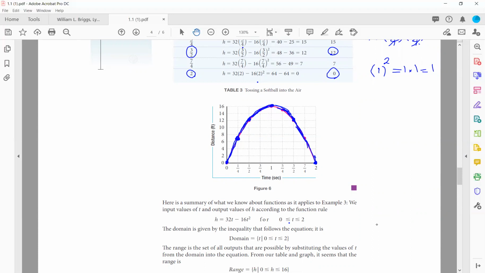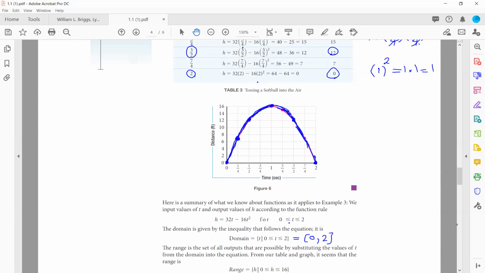So the domain is equal to the set of all t values such that t is between 0 and 2 inclusive, and we close the curly brace. As usual, you can use an interval notation, closed interval 0 to 2.